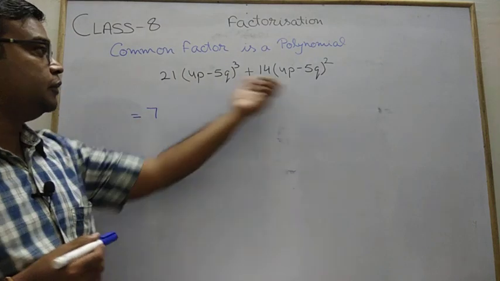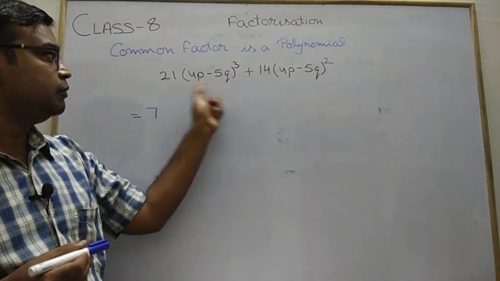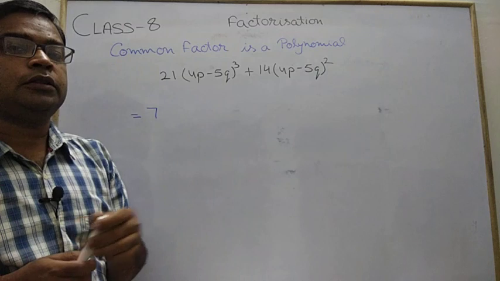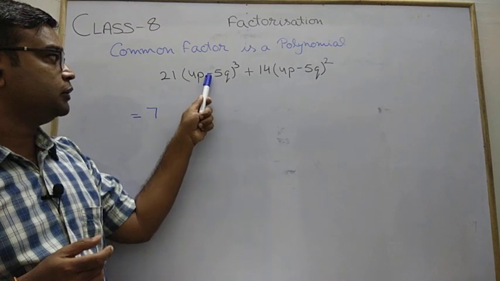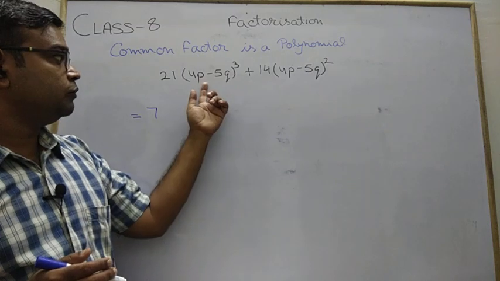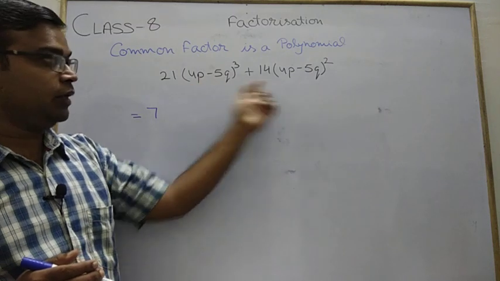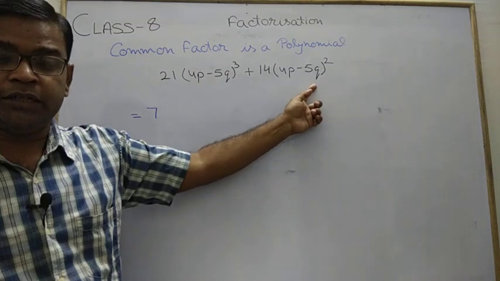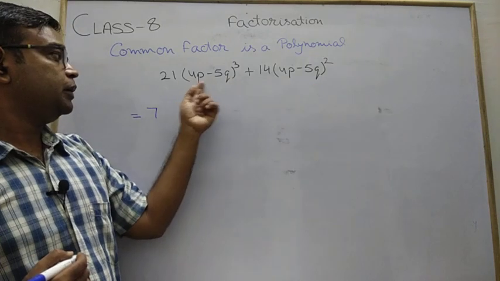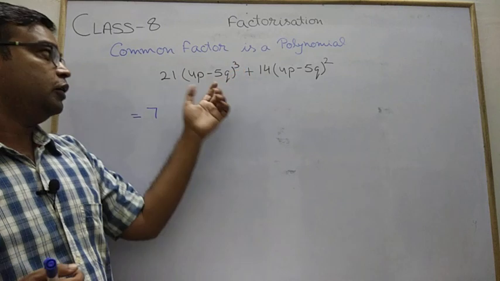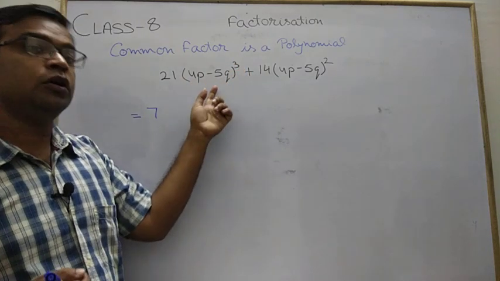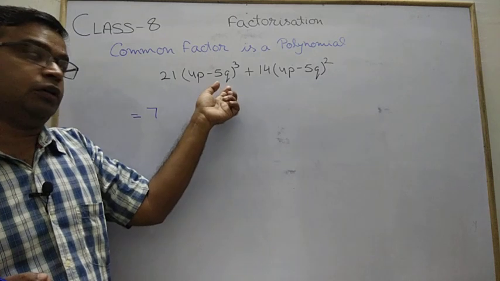Then come to the given expression. They are the same, 4p minus 5q, 4p minus 5q. In this type of condition, always see the minus sign. Sometimes the sign in one part is different from the sign in the other part, so you have to make them similar. Here we have (4p minus 5q) whole cube, which is 4p minus 5q into (4p minus 5q) whole square. Here the power is 2.